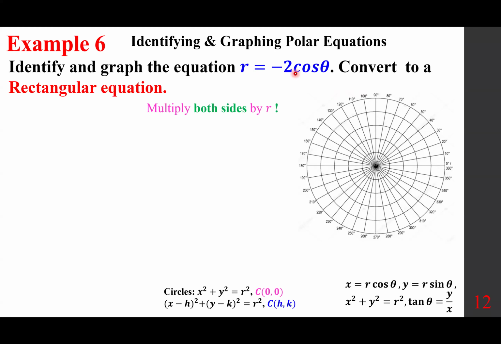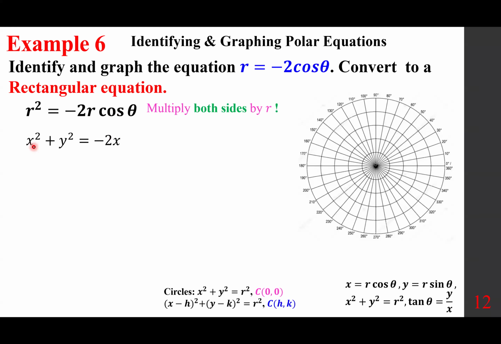This becomes negative 2r cosine theta. This is replaced with x squared plus y squared. R cosine theta is replaced with x. Now we are in business. We are going to move things around and work on that.